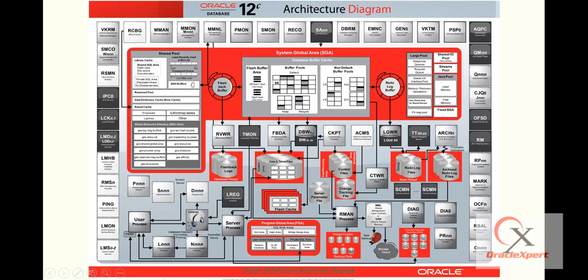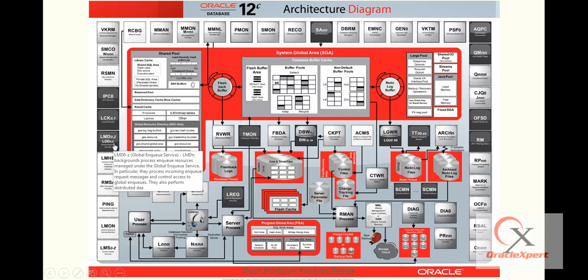Then you have LMD, the global enqueue service. LMDn are background processes that manage enqueue resources under the global enqueue service. In particular, they process incoming enqueue request messages and control access to global enqueues.